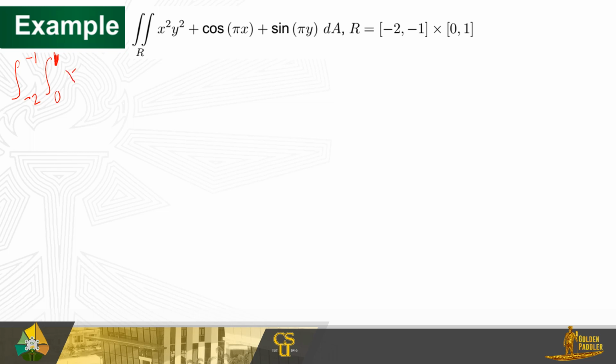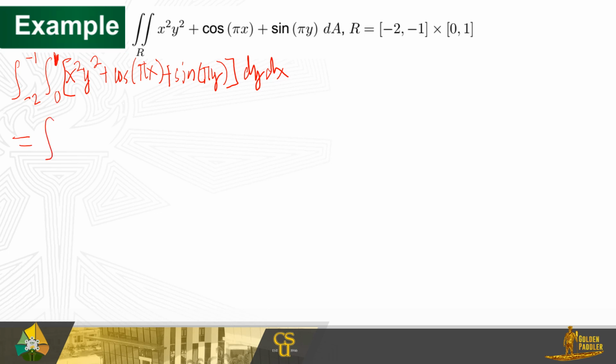So that will be x squared y squared plus cosine of pi x plus sine of pi y. Again, mag-start tayo sa dy, then dx. So we have the integral from -2 to -1. So that means yung y ang variable natin, yung iba is fixed, constant.